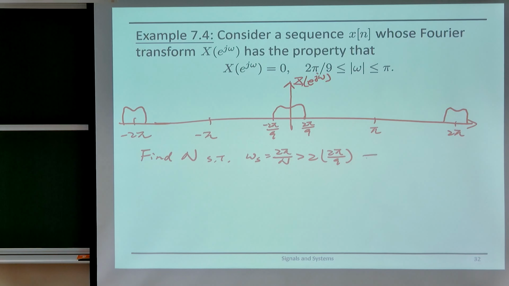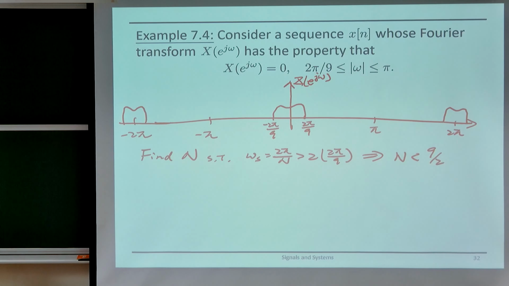By moving N to the other side, you find that N is bounded by 9 over 2.